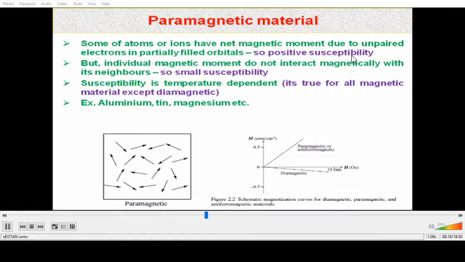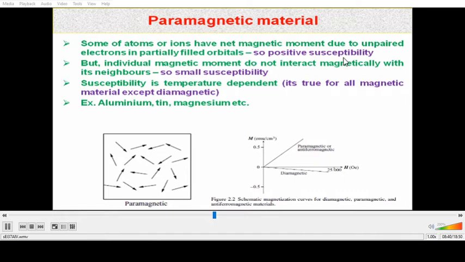Now what about the magnitude of the susceptibility? This magnitude is proportional to the interaction of an individual magnetic moment with its neighbors. So if the interaction is small, the magnitude of susceptibility is small.